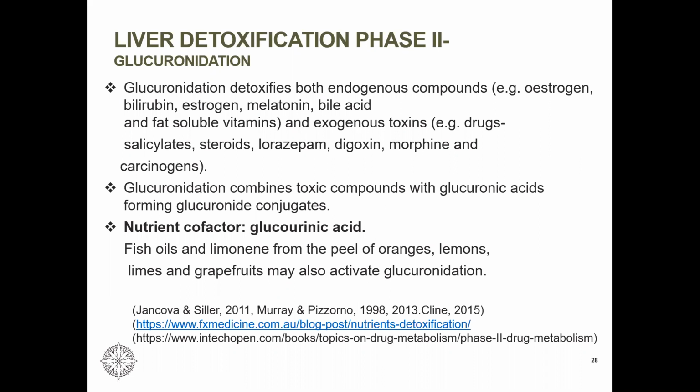Sorry. I will correct this one. So all these compounds, if they are in excess and phase 1 has failed to take care of them, then we need glucuronic acid to bind to them so that they can be conjugated and excreted.